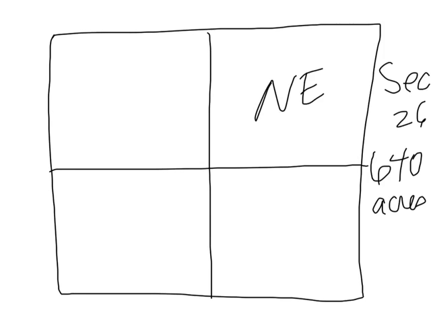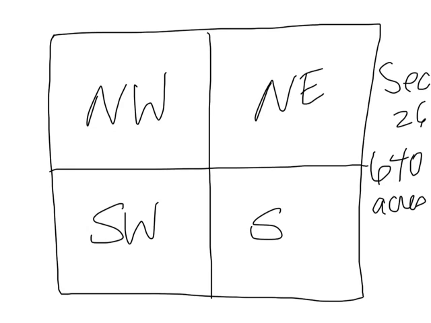This becomes the northeast, the northwest. Well, that's wrong. Becomes the northwest. There you go. Southwest, southeast. Each one of these is 160 acres.